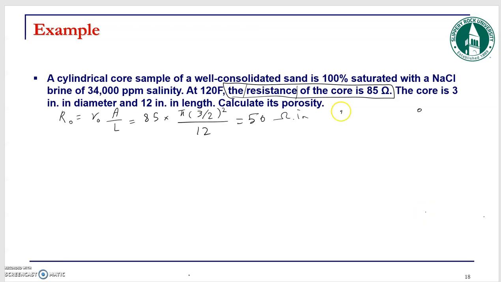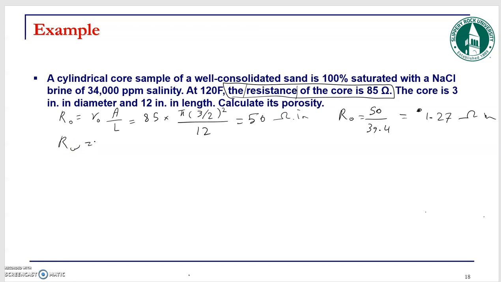What you need to do is to convert inches to meter, which is 50 divided by 39.4, which is the conversion factor, and that gives you 1.27 ohm meter.